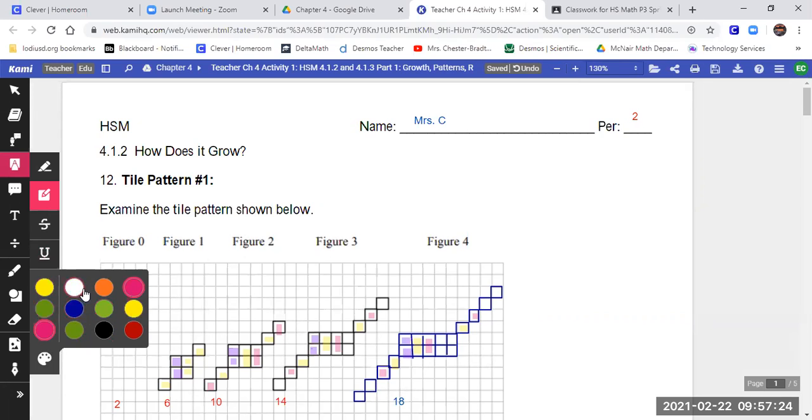Okay, and then I'm going to use orange maybe. You ever notice the more you do it, the easier it gets by the time you've done a third one or fourth one?